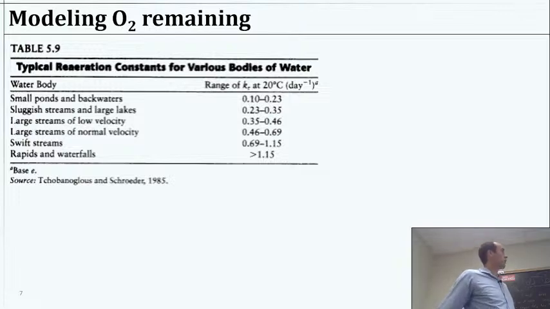So we'll see small ponds, backwaters, you could say bayous, would be pretty slow, right? 0.1 to 0.23 per day is the rate constants. Large streams, low velocities, 0.35 to 0.46. Swift streams, 0.69 to 1.15. Rapids and waterfalls above 1.15.